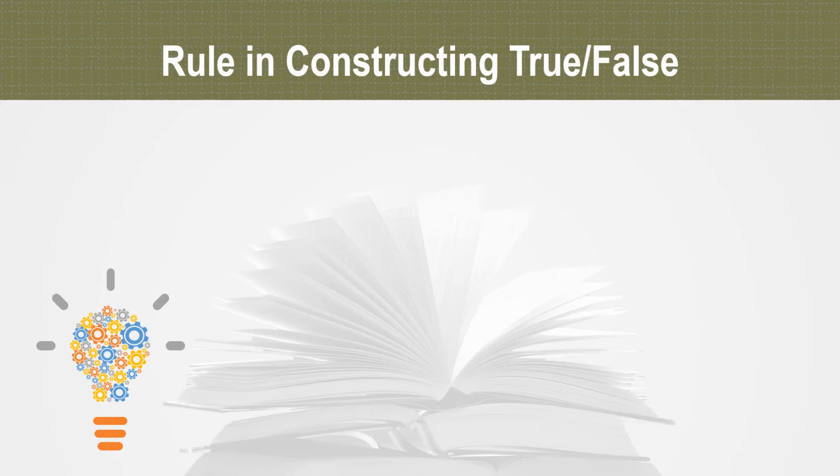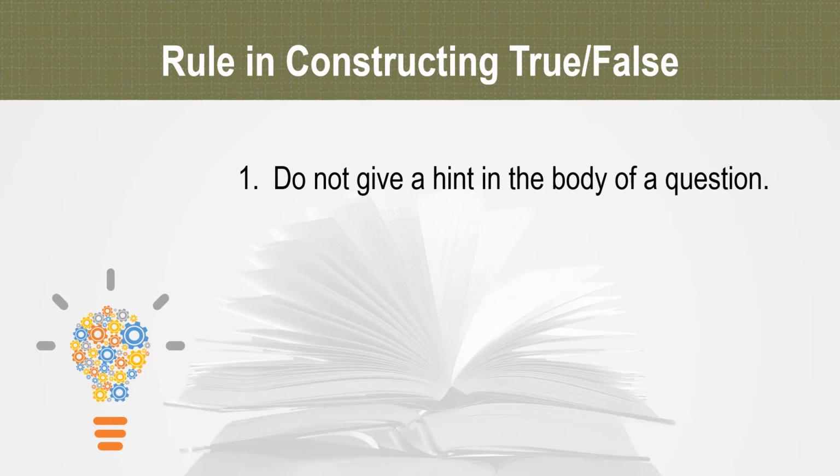So let's go to the different thumbs up rule in constructing first the true or false type of test. Okay, rule number one. Do not give a hint in the body of a question. What does it mean? Meaning to say the statement itself leads to the answer. So do not give any clue.